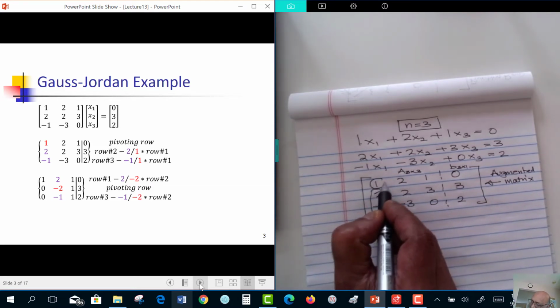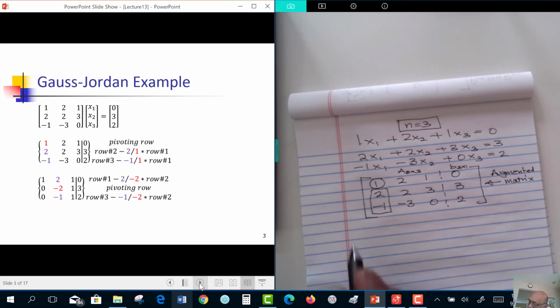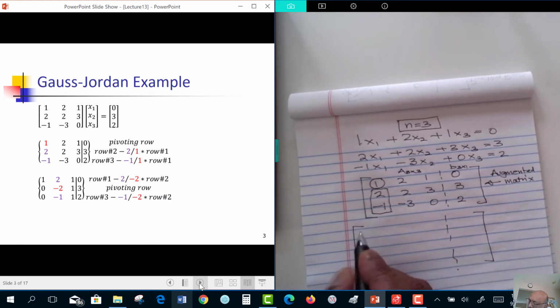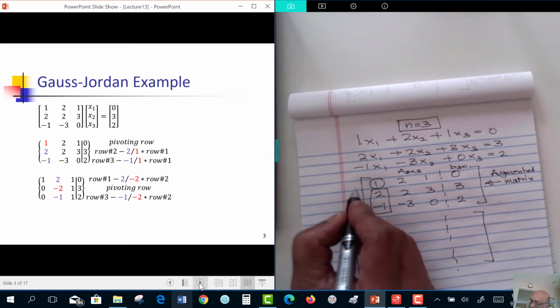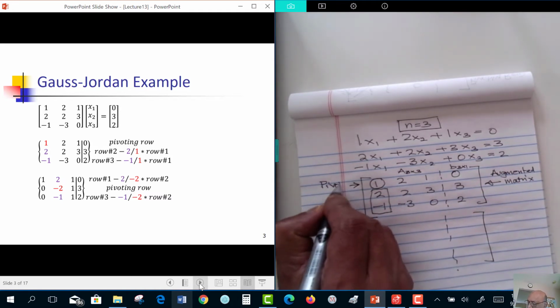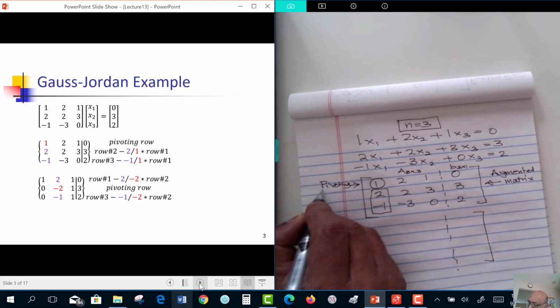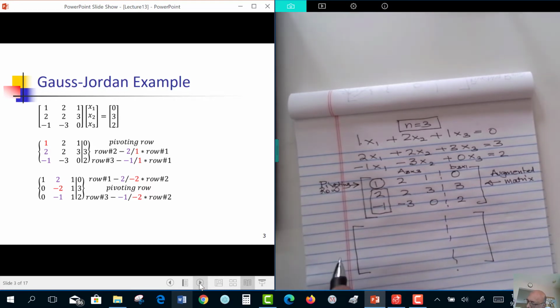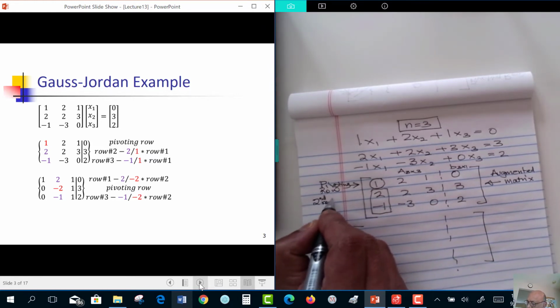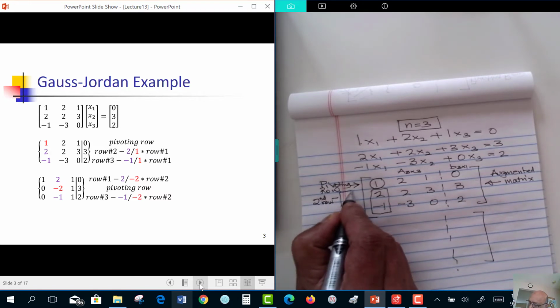And this is our pivoting element. So what we'll do in first step is, since this row is our pivoting row, we are going to take this second row, subtract from it a multiplier.